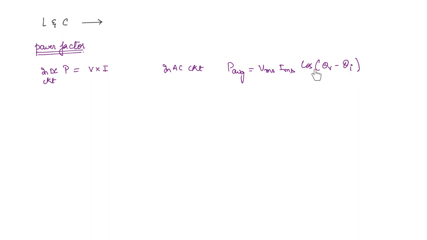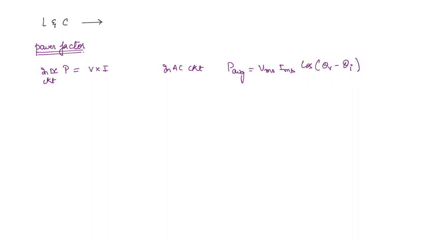Now this extra term is reducing this V RMS into I RMS, right? Because this term is always less than 1. Cos of something will always be less than 1. If you take the DC analogy, it should be only the product of the RMS values, because RMS values are the DC equivalents we have found out, right? So it should be the product, but it is being less than that by how much factor? By this much factor. Okay.